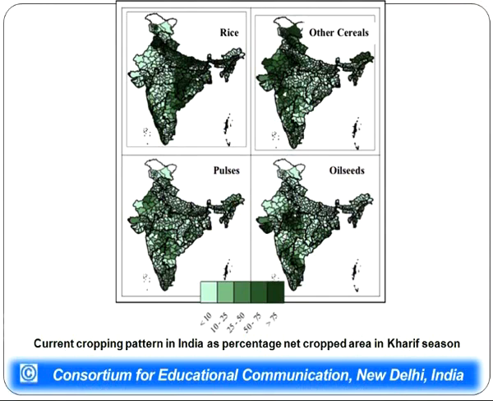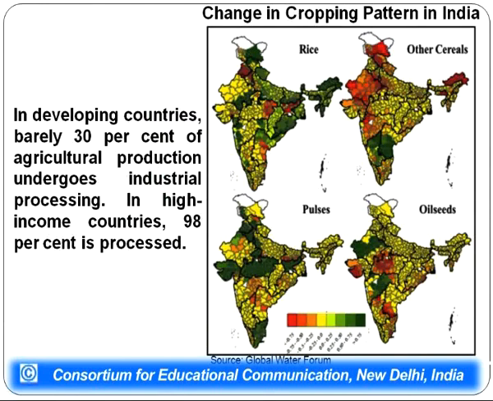You can see that pulses are very, very important because they provide very nutritious protein. The current cropping pattern in India is given as a percentage of the net cropped area, particularly during the Kharif time. Kharif is the monsoon time. Now you can see here the Rabi time.